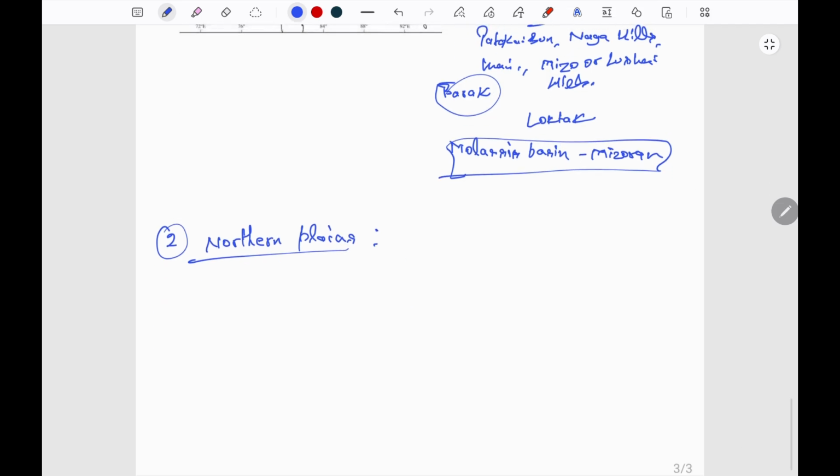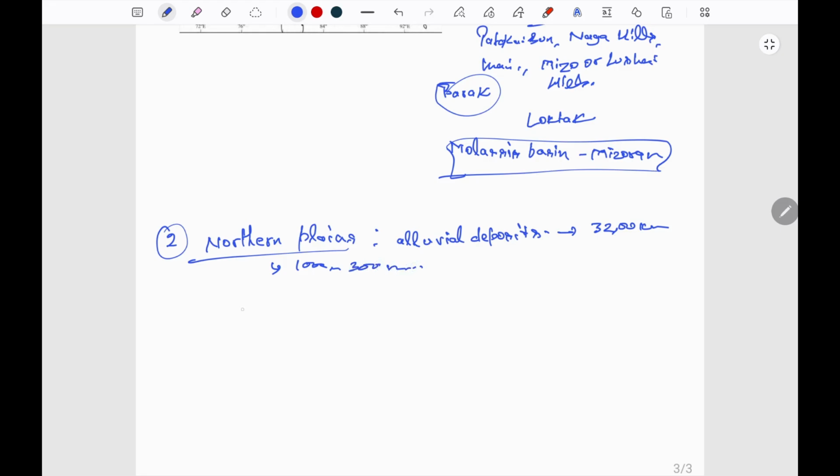Now these are the plains made from alluvial deposits. Their length extends to 3,200 kilometers in the west to east direction, and their thickness generally extends to 1,000 to 3,000 meters.